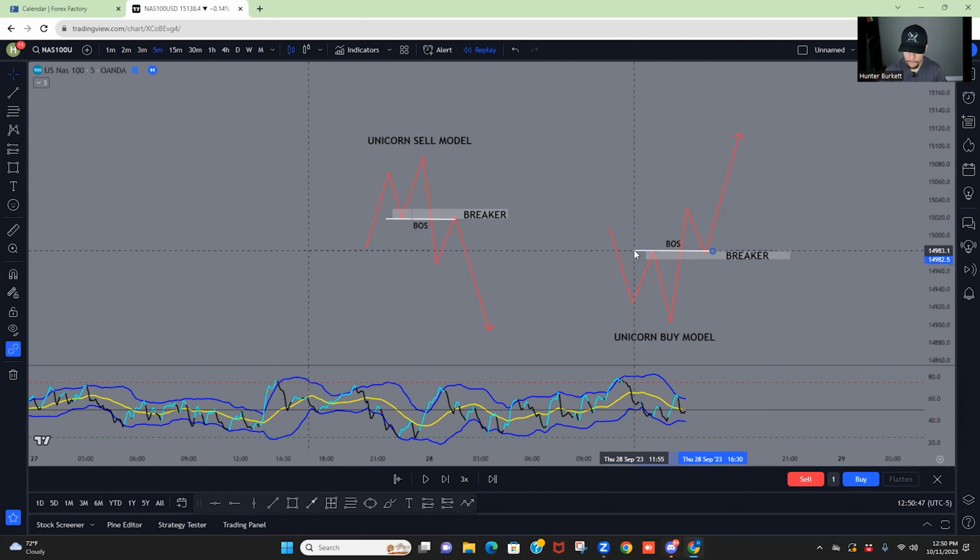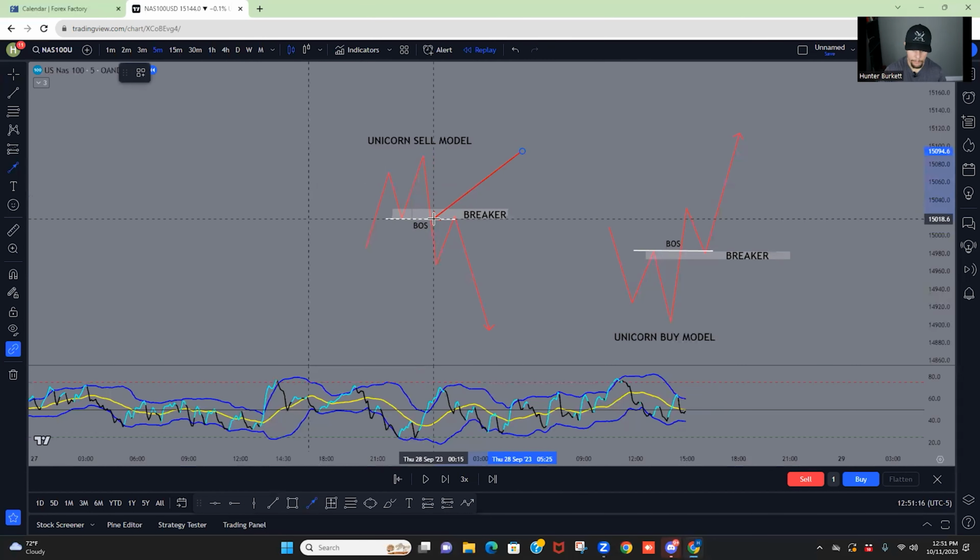Now, guys, what makes this a unicorn setup, the most high probability algorithmic setup in the whole entire industry, is that in the displacement leg, there is a fair value gap accompanied with the breaker right here.